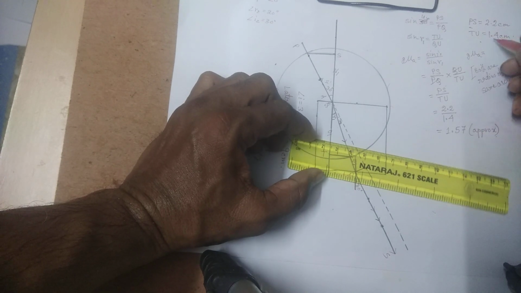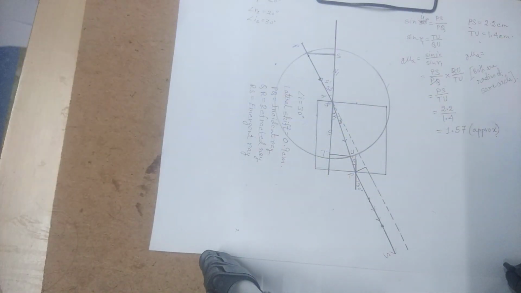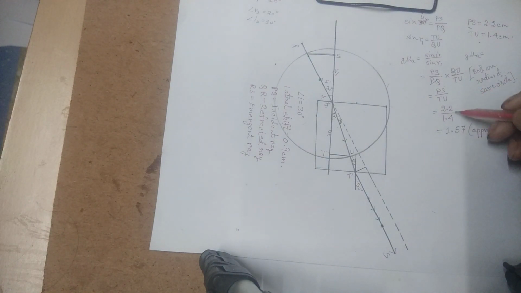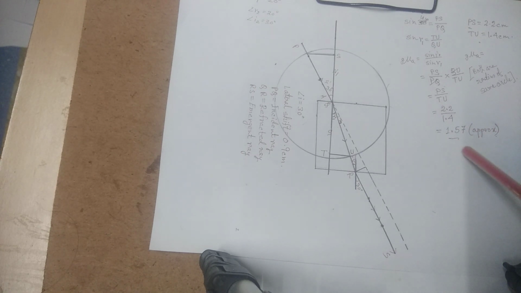Here written TU is 1.4 centimeter. Right? Now I put the value here, that is PS by TU, that is 2.2 and 1.4. If we divide 2.2 by 1.4, we are getting 1.57. Therefore, we are finding the refractive index of glass with respect to air is 1.57 approx. Right? In this way, you can find the refractive index.